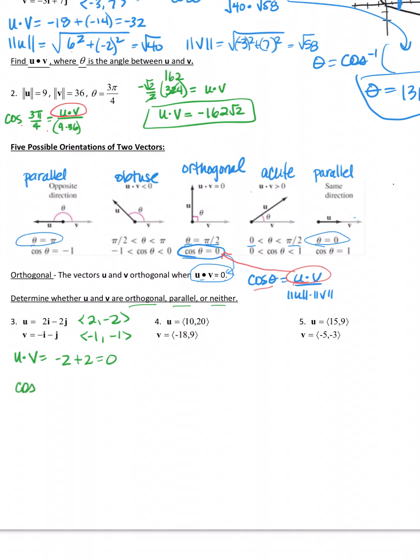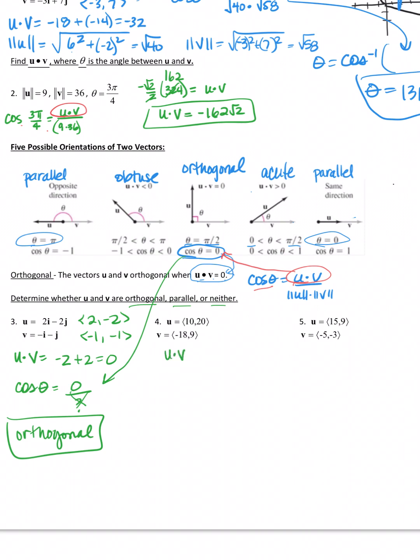Okay, so I know this. The cosine of theta is 0 over something. We don't know. It doesn't matter, honestly, because 0 over anything is still 0. And we just set up here, if the cosine of theta is 0, that means that this is orthogonal. And I'm done.